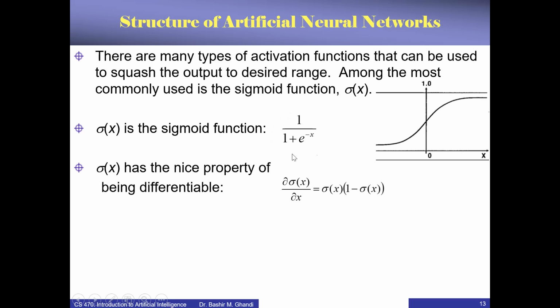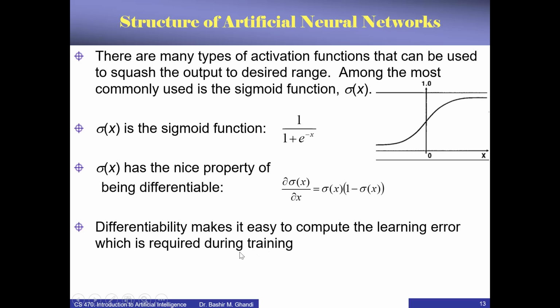The good news is that the sigmoid function is differentiable, and the derivative is also very easy. It is simply sigmoid of x times 1 minus sigmoid of x. So the differentiability of this function makes it easy to compute the learning error which is required during the training.